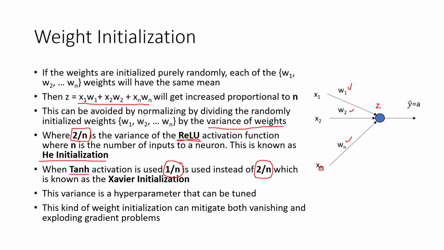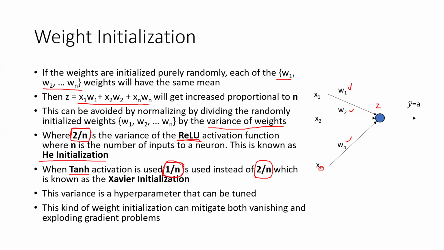These weights W1, W2, Wn are randomly initialized, so instead of just using these randomly initialized values as the initial values, we multiply either with 2 over n or 1 over n, so that we do not have too large weight values, which would lead to exploding gradients.